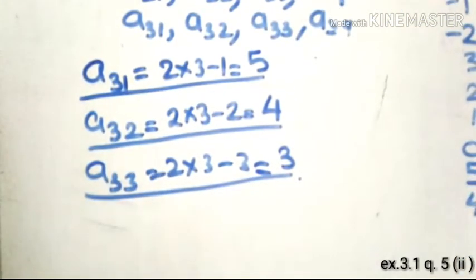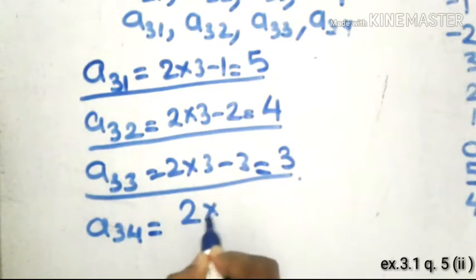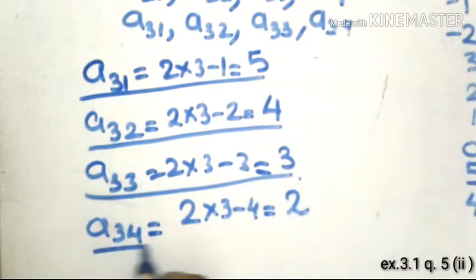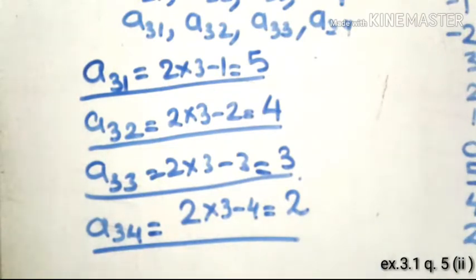And last but not the least, I have A34. So 2 into 3 minus 4, 6 minus 4, and I'll get the answer 2. So these are all the values. So as you can see, it has become so much easier for us to find out all the matrix elements.